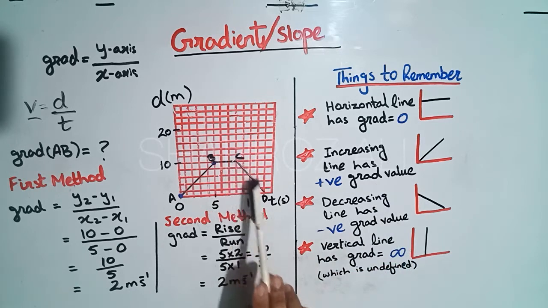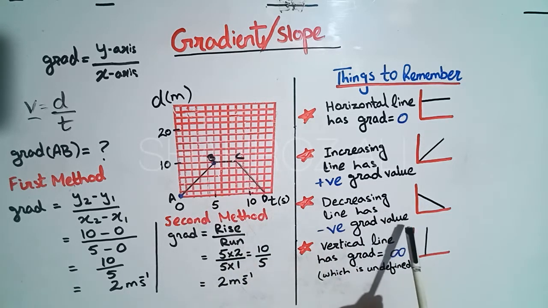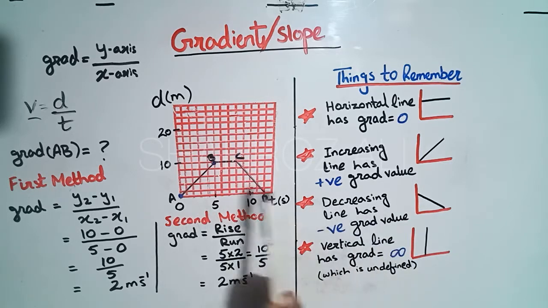Now CD is similar to the third point: a decreasing line has a negative gradient. You have to apply the same method on lines BC and CD, and it will give you a gradient in a negative manner.